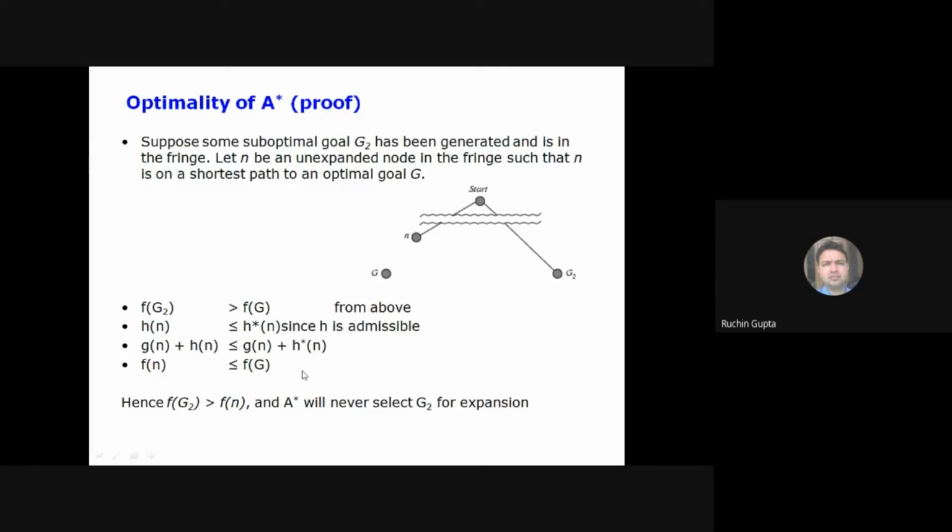It means that by using the first and the last inequality, I can say that f(G2) is greater than f(n).